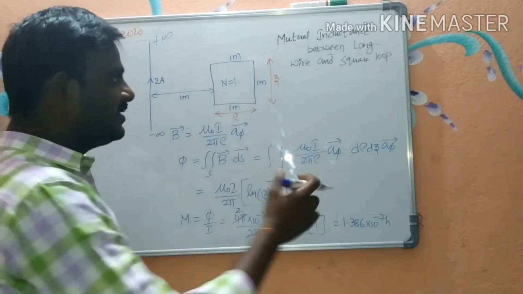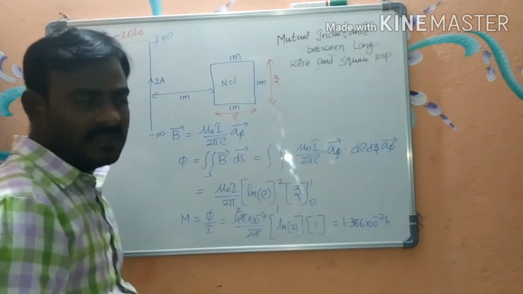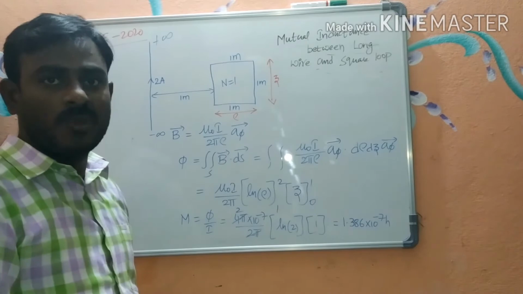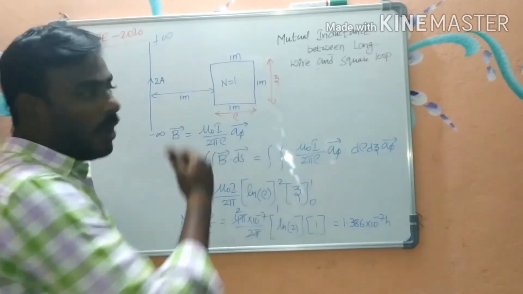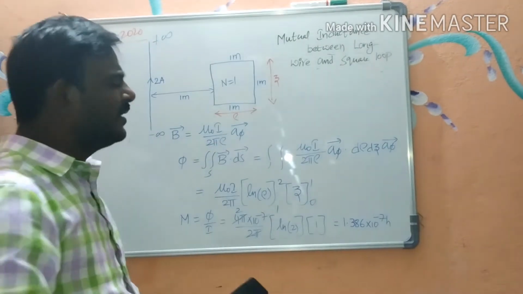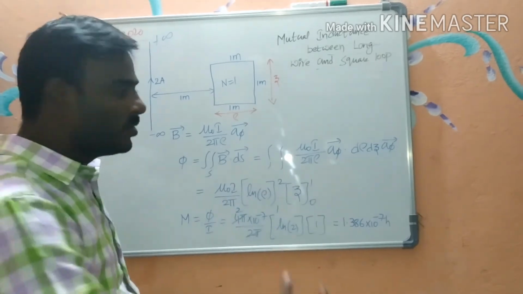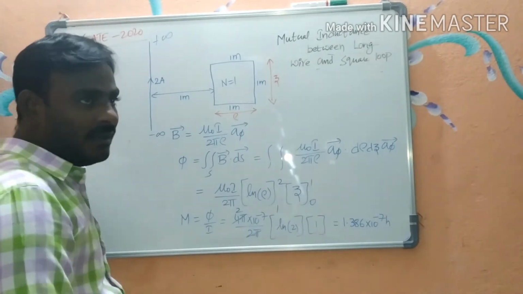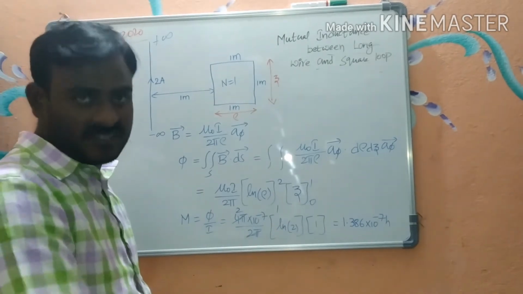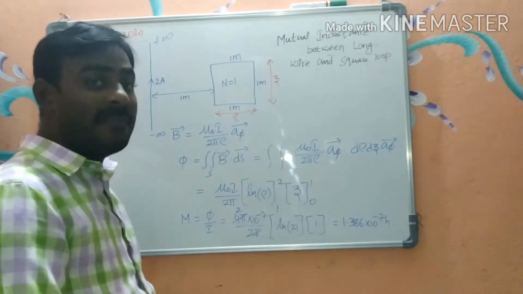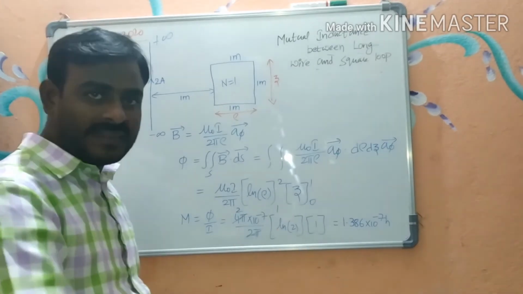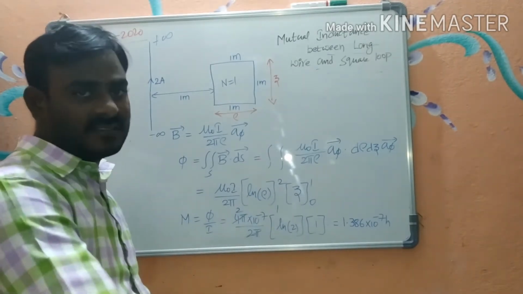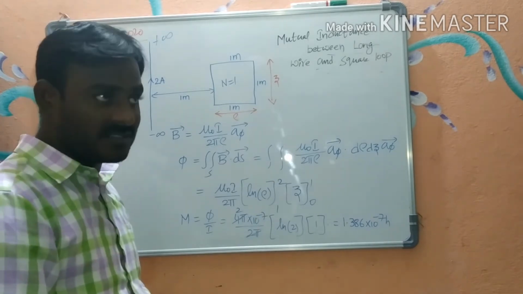Generally, if you know the expression of the mutual inductance between a long wire and a loop, then you can directly substitute the values. But in general, we are not familiar with those expressions. Hence, we will use the basic concepts of magnetostatics to obtain the expression of inductance and then substitute the values.